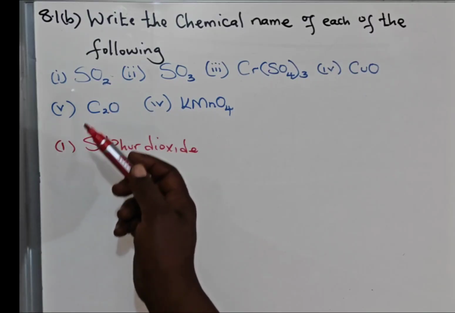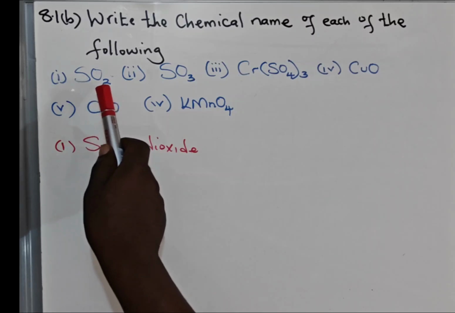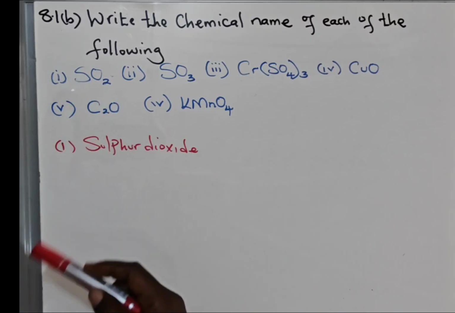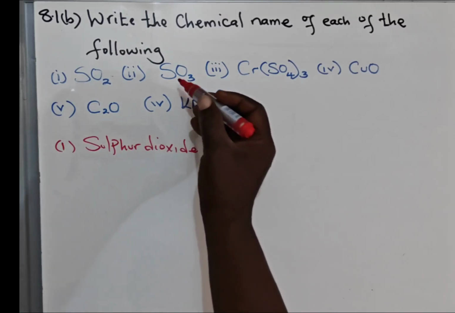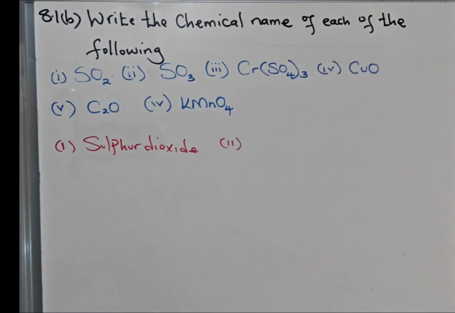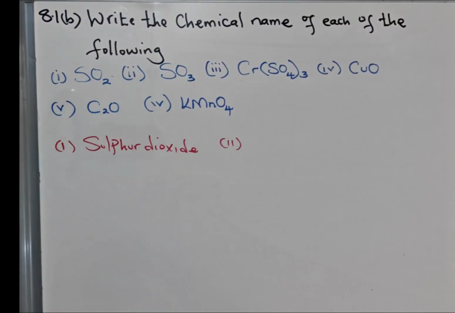Di implies 2, so this shows that there are 2 oxygens attached to sulfur. Number 2 is SO3. That is sulfur trioxide. Tri comes from 3, implying there are 3 oxygen atoms attached to sulfur.